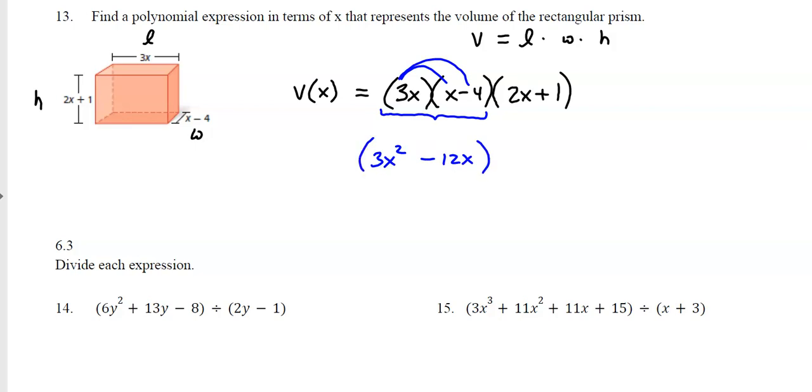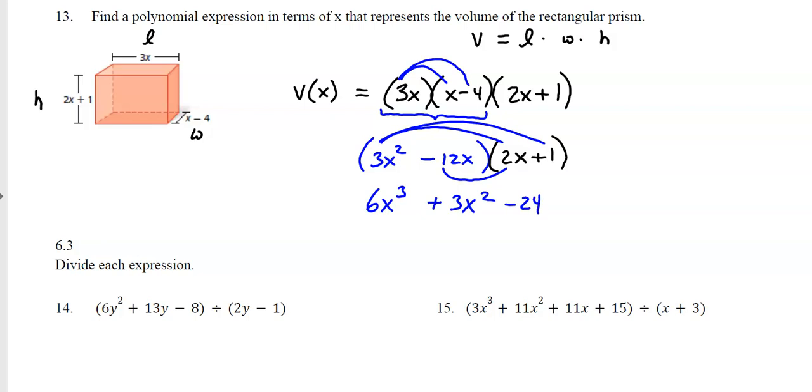All right, so I multiplied the first two together. Now I need to multiply it by that back number. And I'm going to crank this out. So I'm going to kind of use FOIL or double distribution. So 3x squared times 2x is 6x cubed. 3x squared times 1, well, that's 3x squared. And I move to the negative 12. Negative 12 times a positive 2, that's a negative 24x.